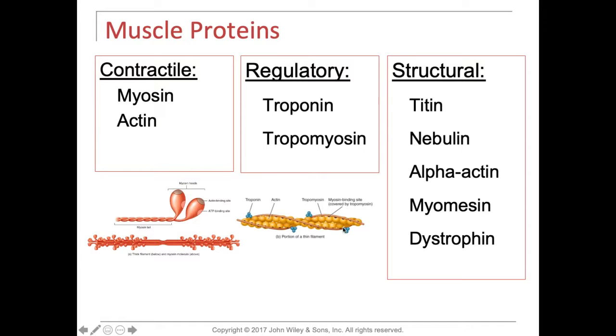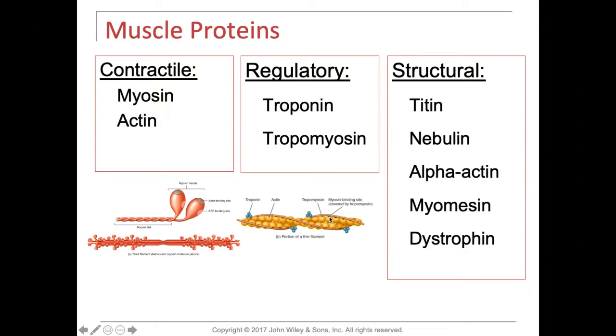And you'll see that as they're being held in place, they are covering what is referred to as myosin binding sites. These little black circles here that are covered and not fully exposed are called myosin binding sites. So again, the myosin binding sites are being covered by this regulatory protein called tropomyosin, and what's holding the tropomyosin in place is the troponin.